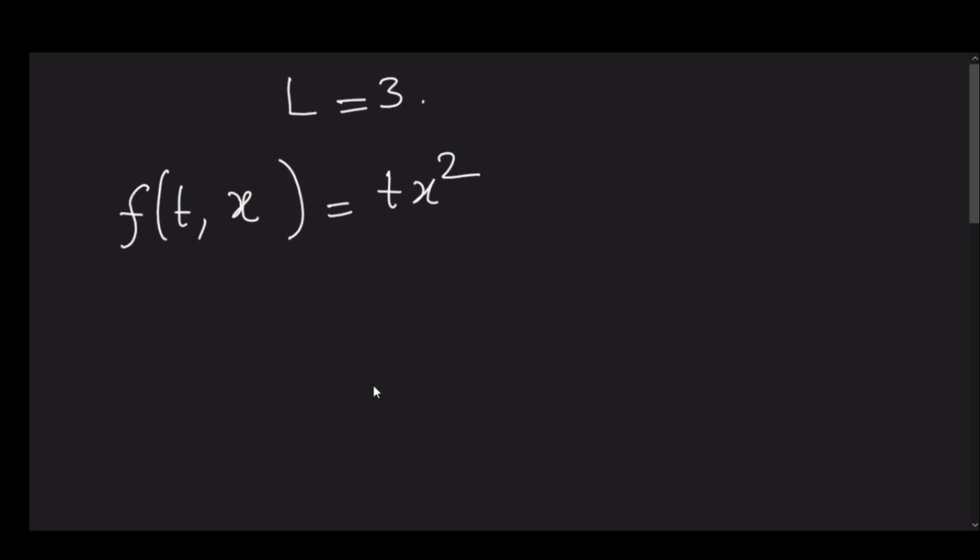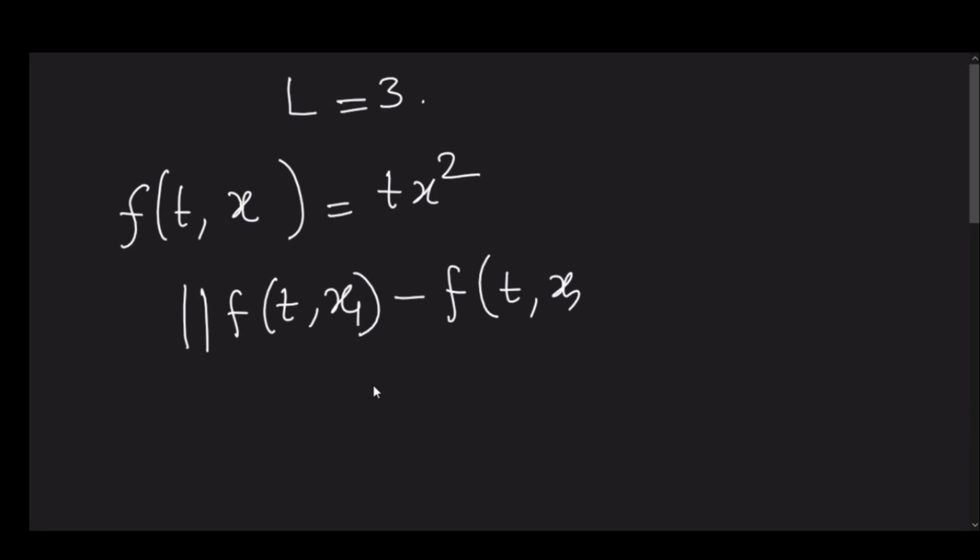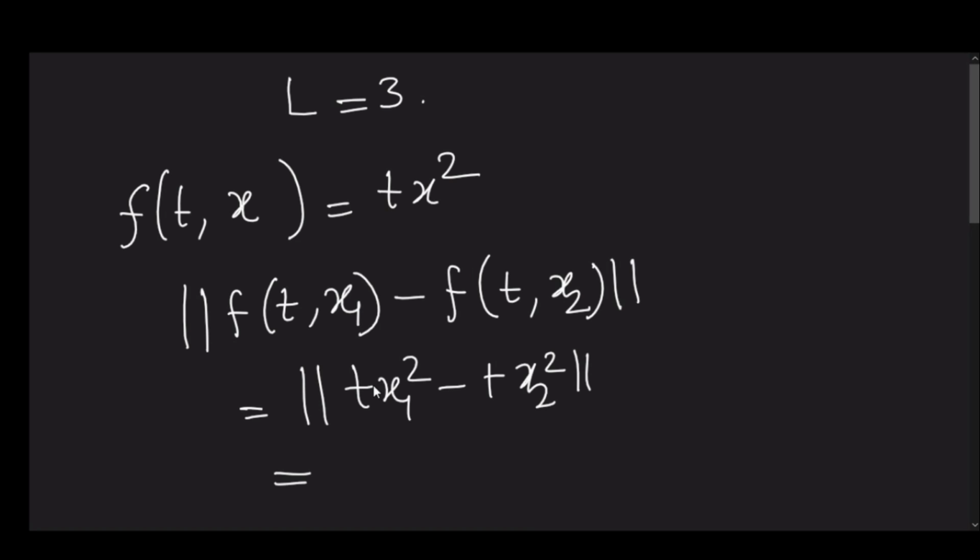So what will we get? f of t comma x1 minus f of t comma x2 will be how much? t of x1 square minus t of x2 square, that will be t of x1 minus x2 into x1 plus x2.